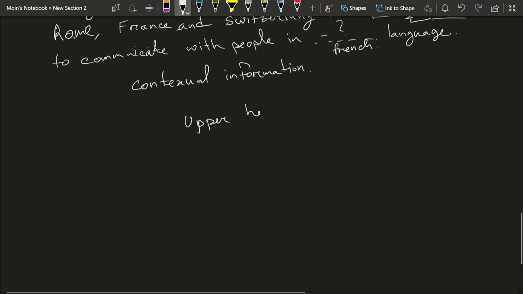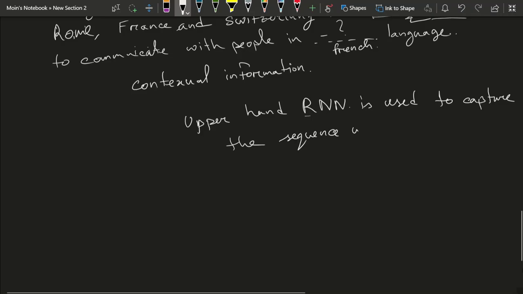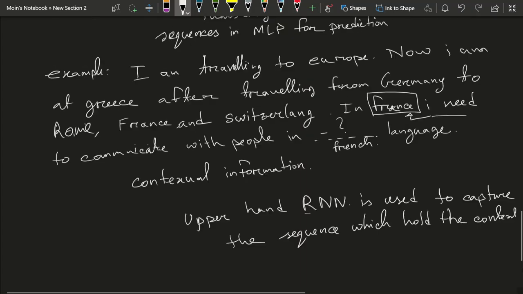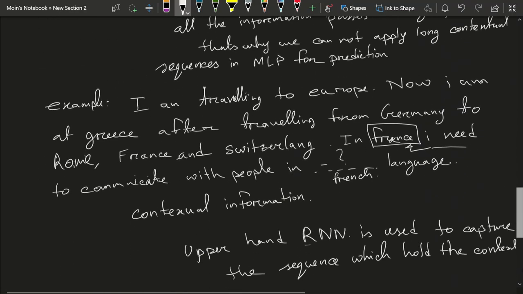Upper hand. RNN is used to capture the sequences which hold the context. But there is a limitation.